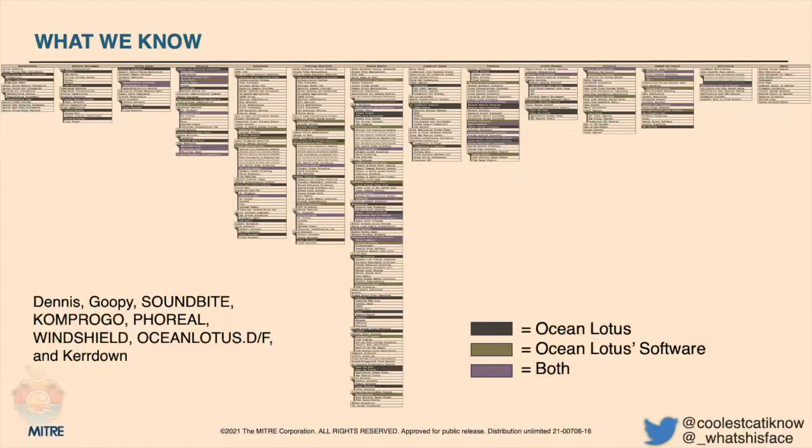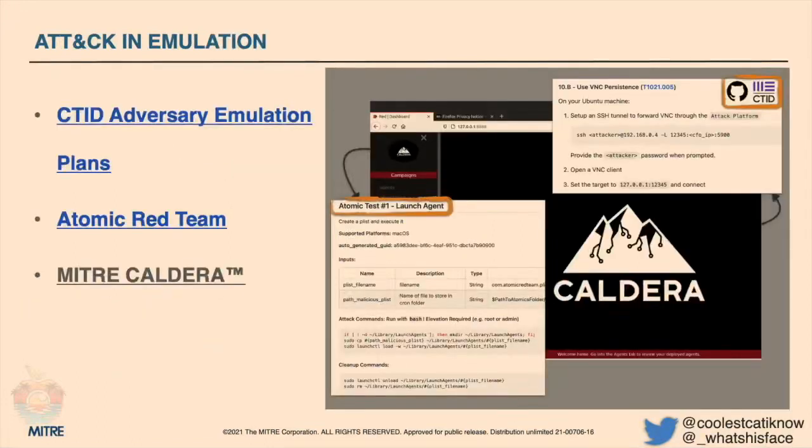But the nice thing about having these eye charts is that you can start identifying where the gaps are in the open source intelligence that I have, and what I need to go and dig deeper into. There are a couple of resources available that are specifically mapped to ATT&CK to help you as a resource for macOS. One of them, CTID, has come out with different emulation plans where they've worked through different threat actors and built scenarios mapped to ATT&CK to execute on a host.